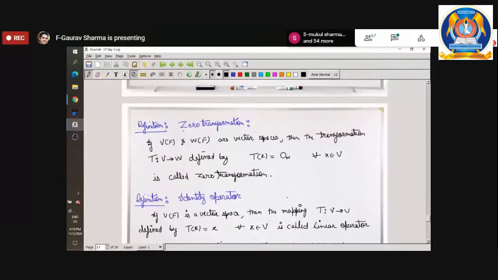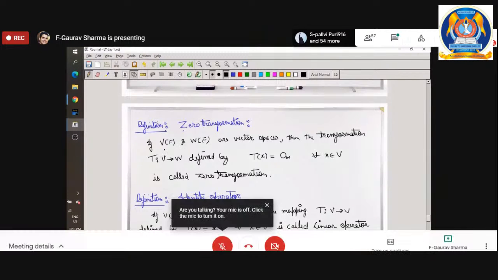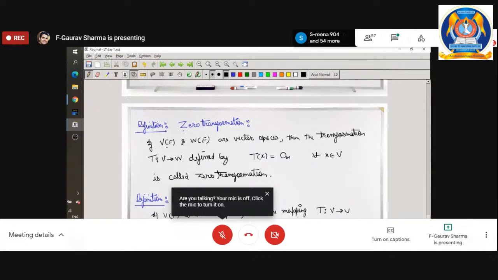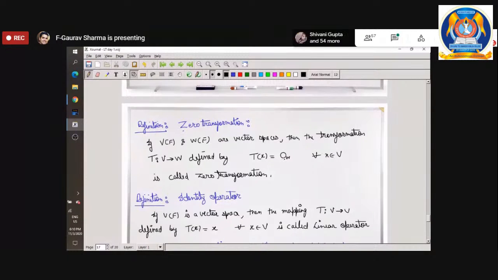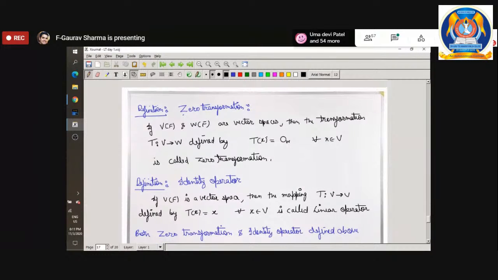Here you can have an idea that it is not always one-one. The zero transformation is defined as: if V and W are two vector spaces, then the transformation T from V to W defined by T of x equals the zero vector for all x belongs to V. So all the points are mapped to one point only. This is called the zero transformation, in which all the elements are mapped to one point only.